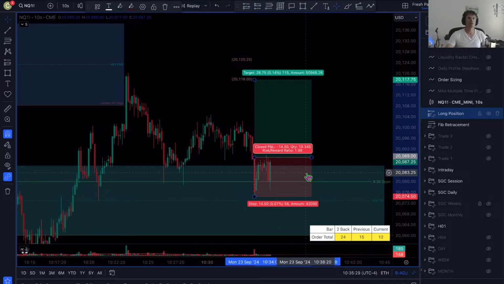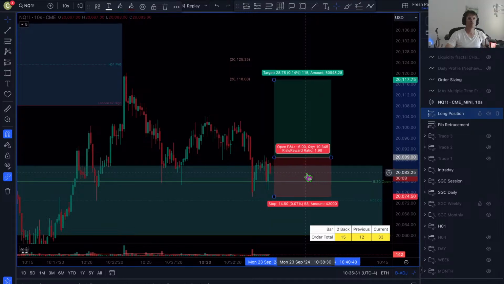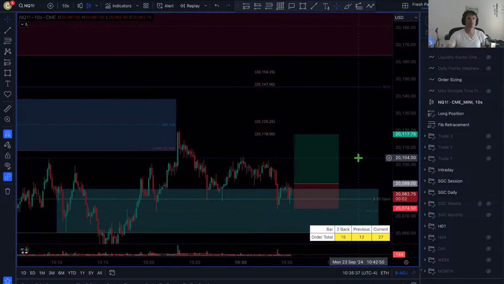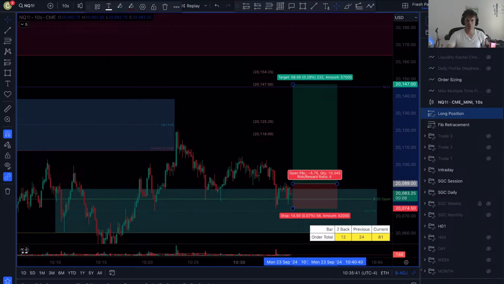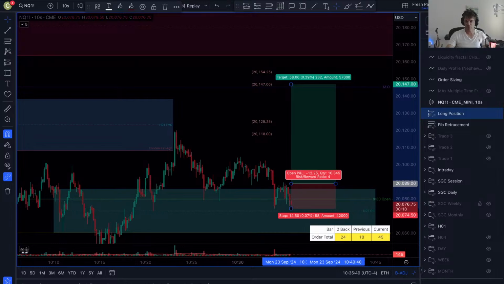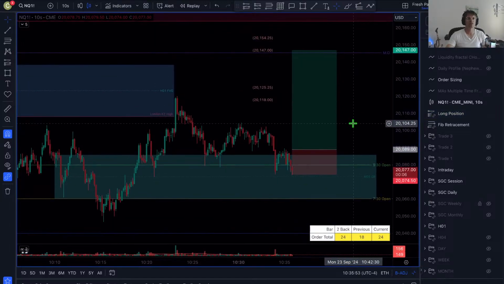2 out of there. I also think I'm just going to go to micros again. It's crazy that even risking $1,000 a trade, I can only afford a few contracts.